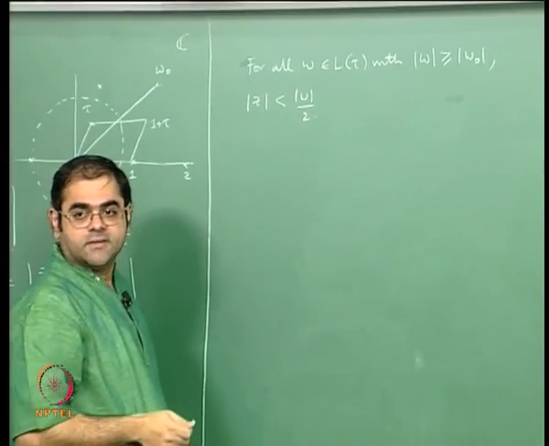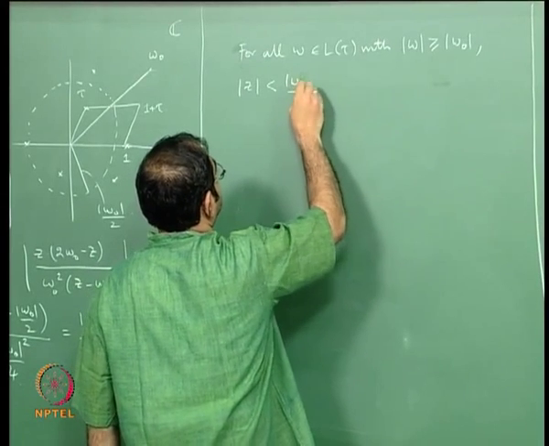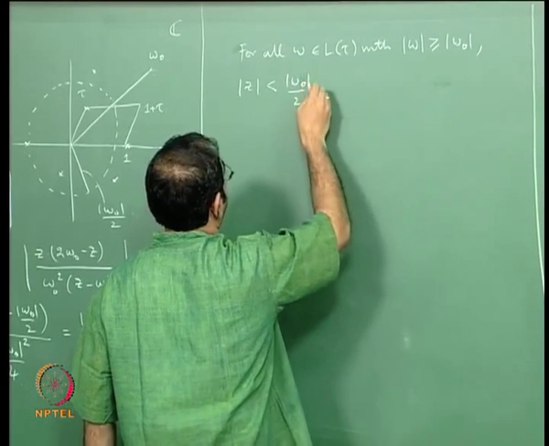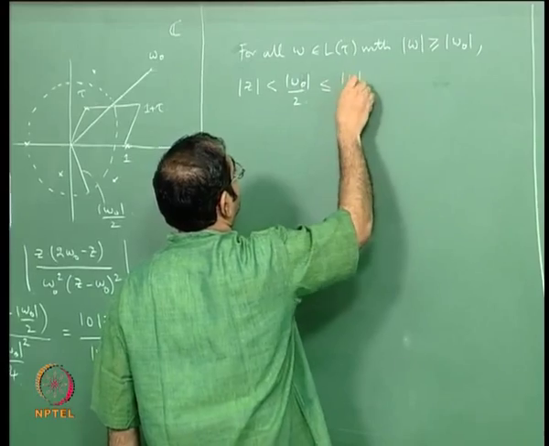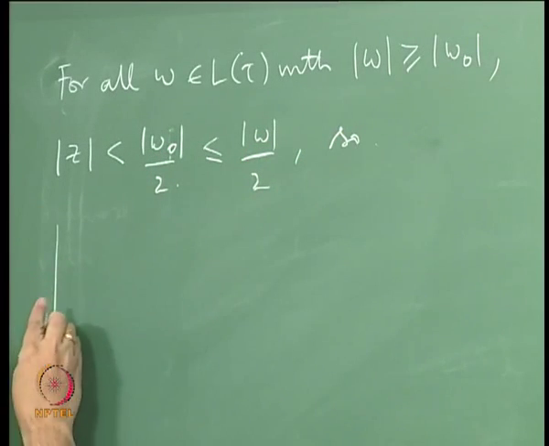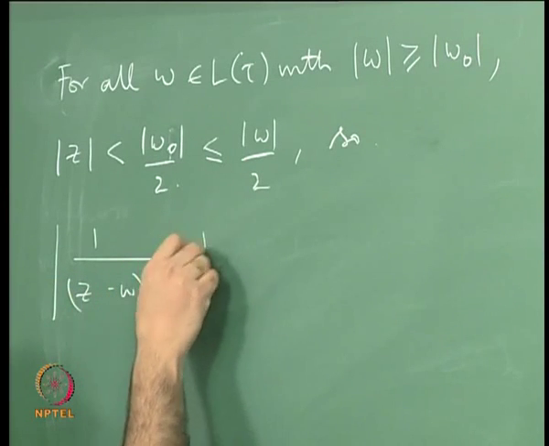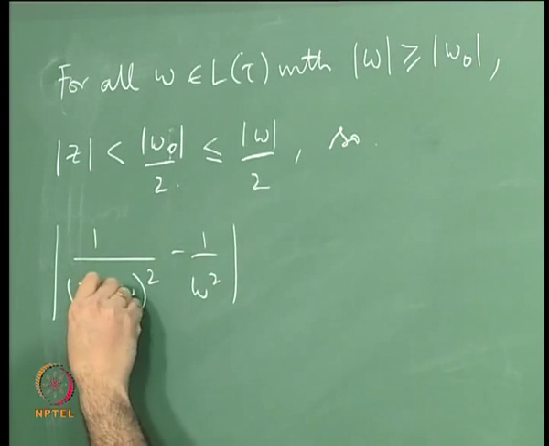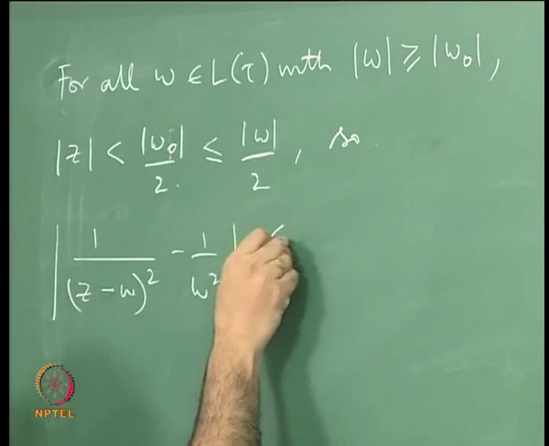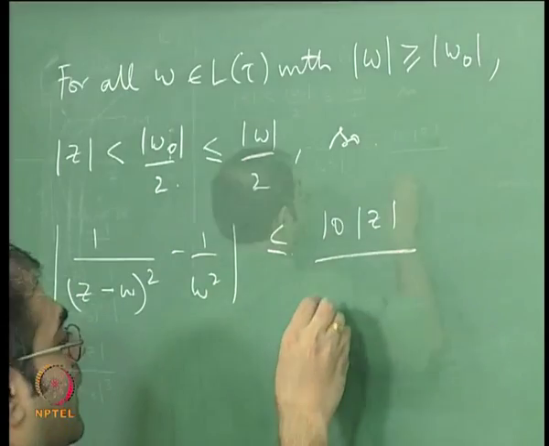This has to happen because mod z is less than or equal to mod omega naught by 2, and that is less than or equal to mod omega by 2. So the same kind of calculation will tell you that 1 by (z minus omega) the whole squared minus 1 by omega squared is bounded by 10 mod z by mod omega cubed.